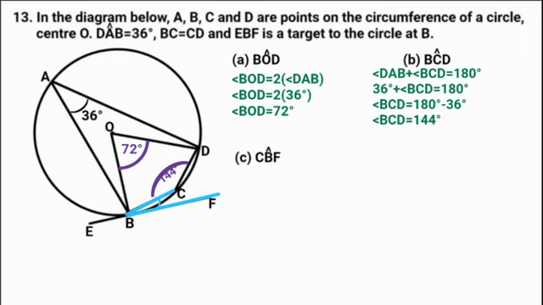So what we're going to do now is first find the angles that will help us. For us to find the value of angle CBF, we are supposed to first find angle OBC. As you know, the line OB is perpendicular to the line EBF, which means we need first to find this angle here.